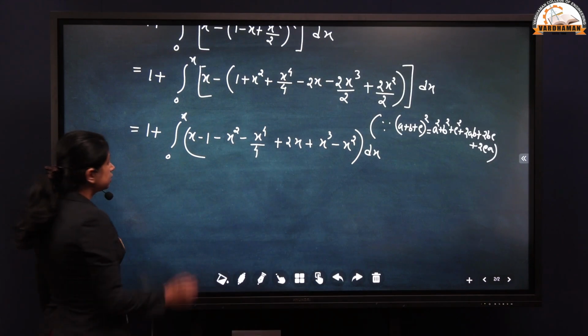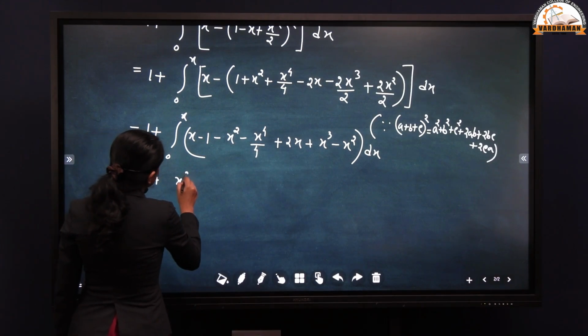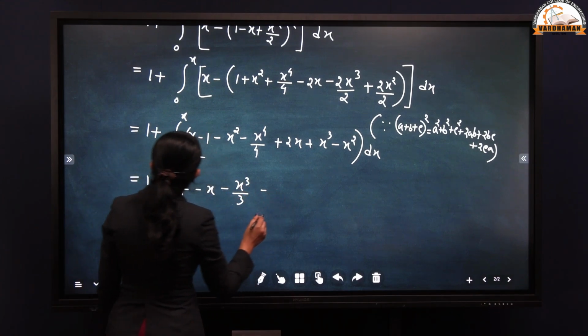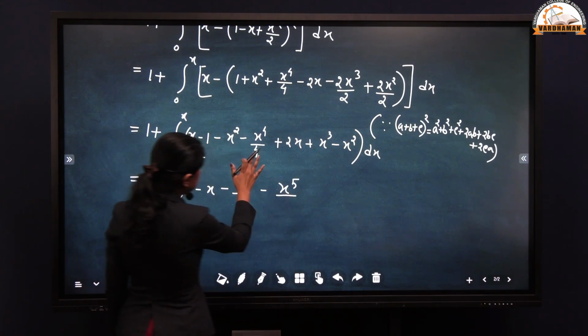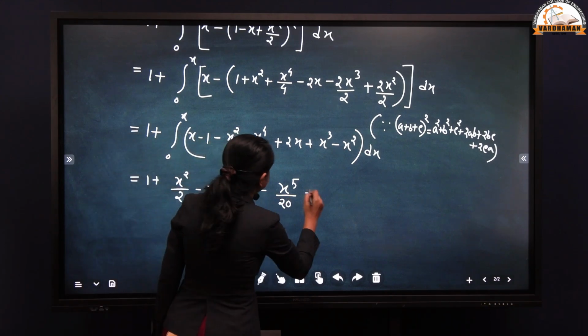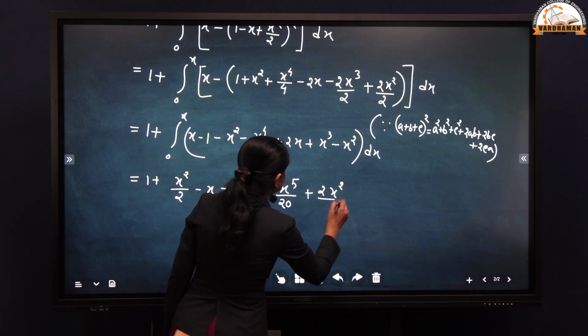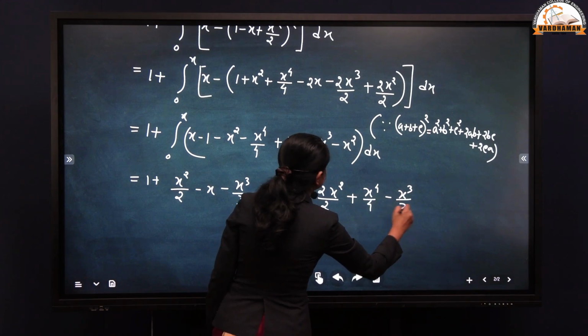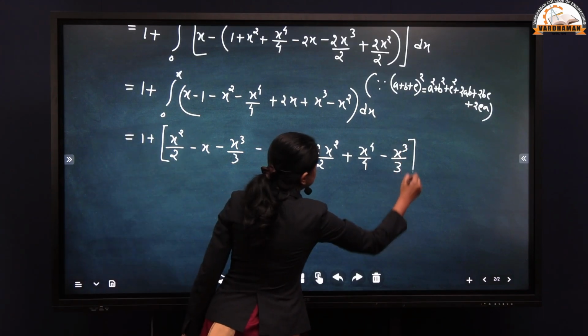Let us integrate it now. 1 plus x square by 2 minus x cube by 3 minus x power 5 by 5, and here 4 is there, so it will be 20, plus 2x square by 2 plus x power 4 by 4 minus x cube by 3, and the limits are 0 to x.